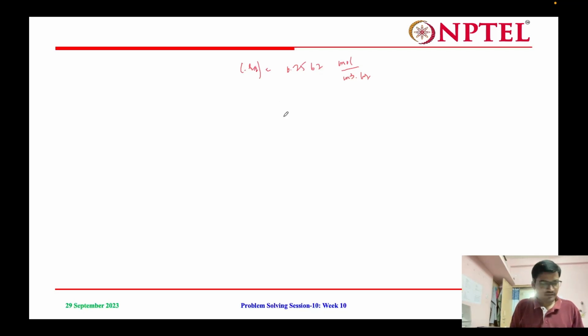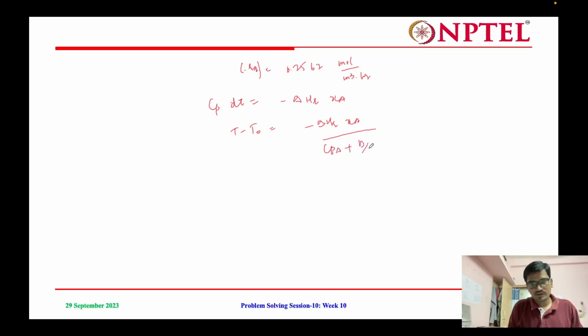Now the energy balance. So T minus T naught equals minus delta HR Xa divided by (Cpa plus the stoichiometric ratio times Cpb).